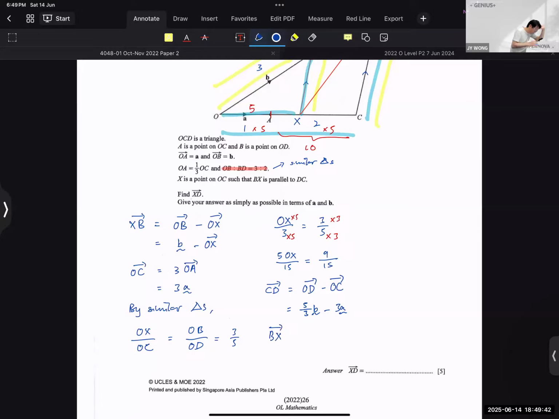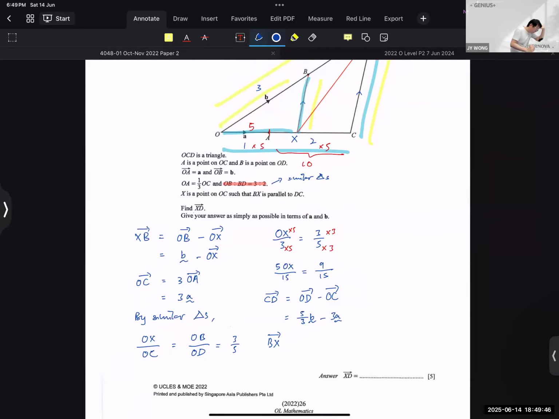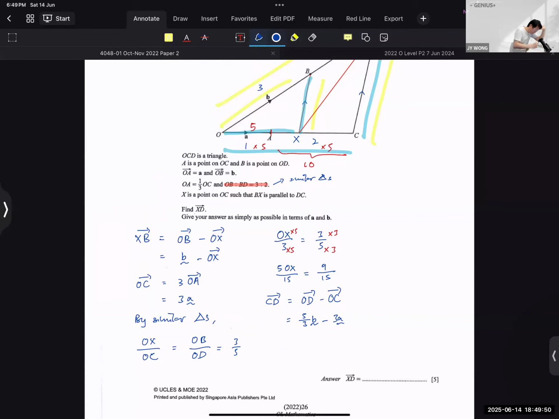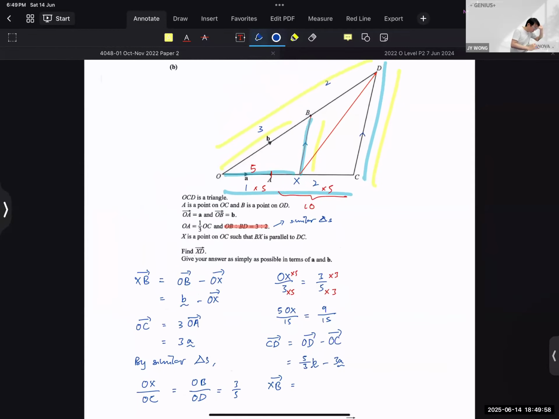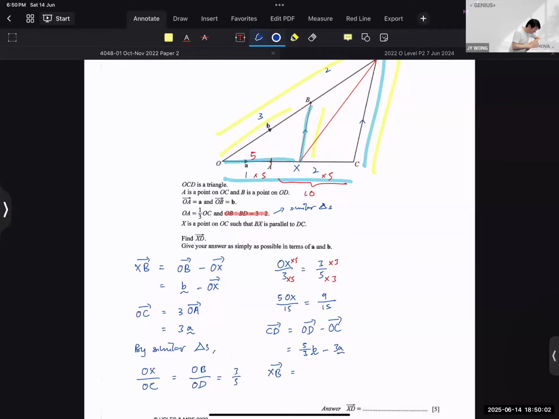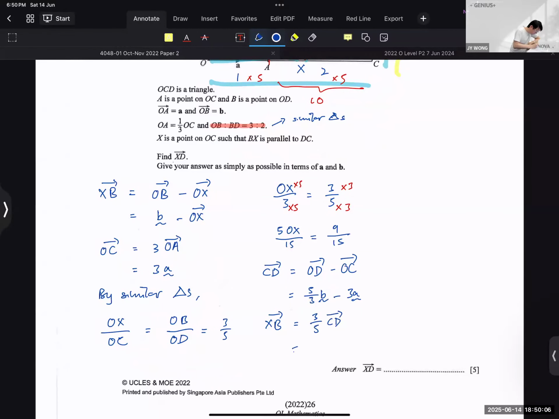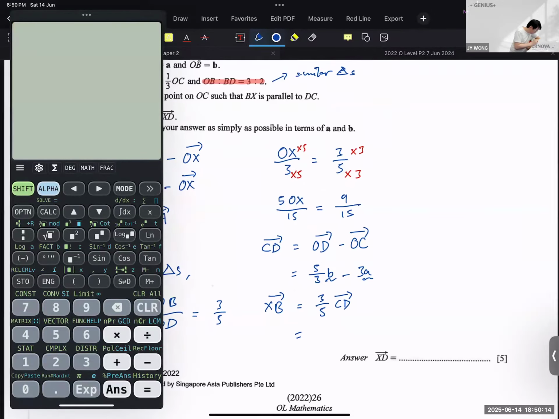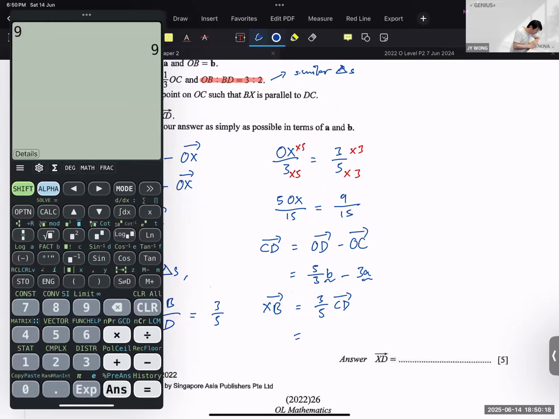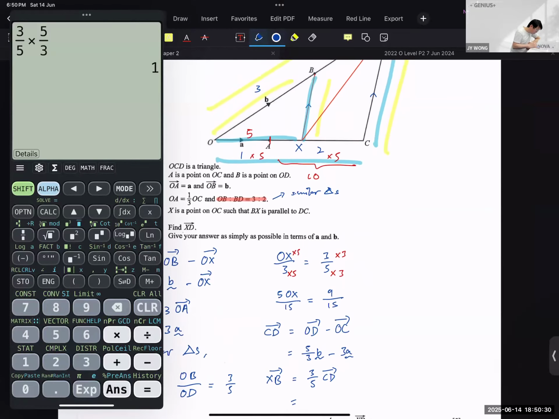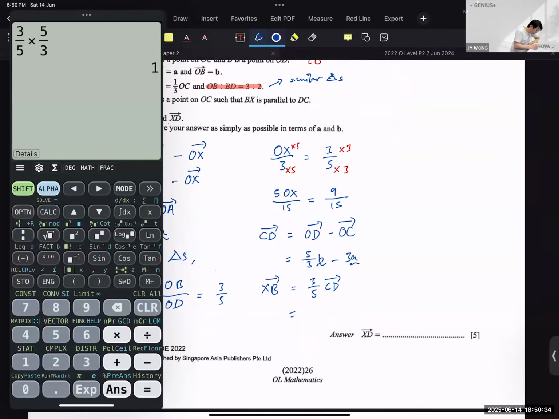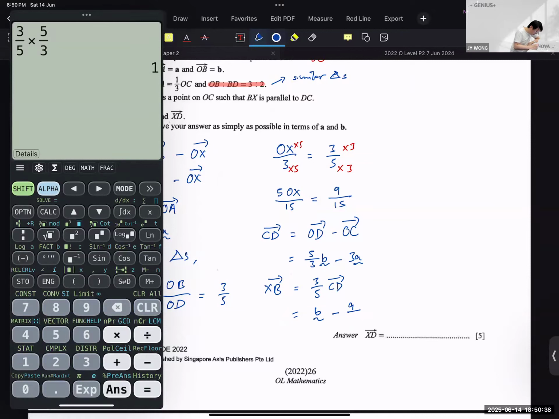So XB would therefore be equal to what fraction of CD based on the similar triangle? 3/5, right? 3/5 times 5/3 is equal to 1, which is B, minus 9/5, right?